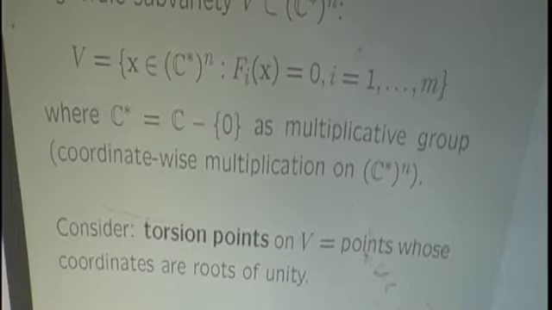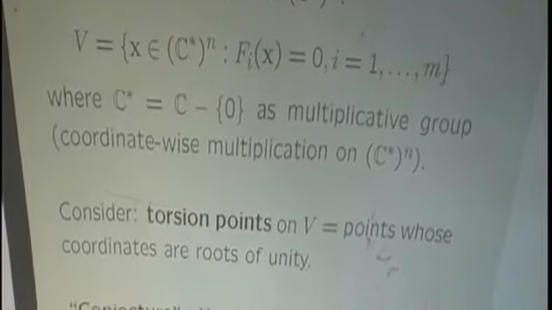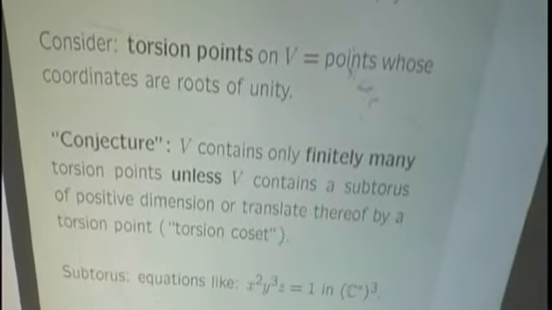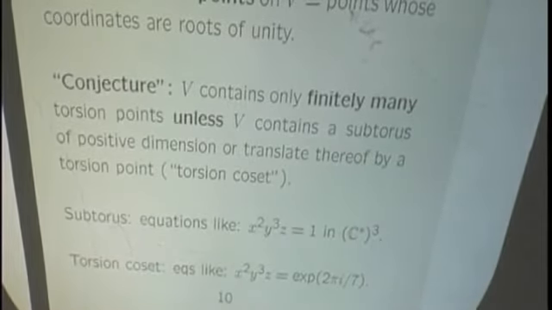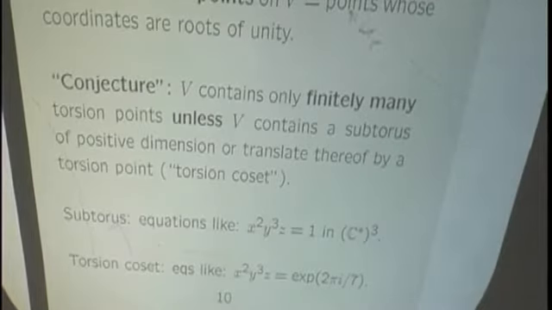And so the conjecture, and I put that in inverted commas because that's a theorem of Laurent, is that V contains only finitely many torsion points unless there's an obvious reason why that fails.